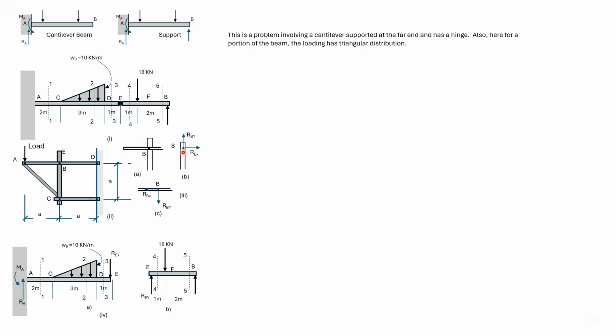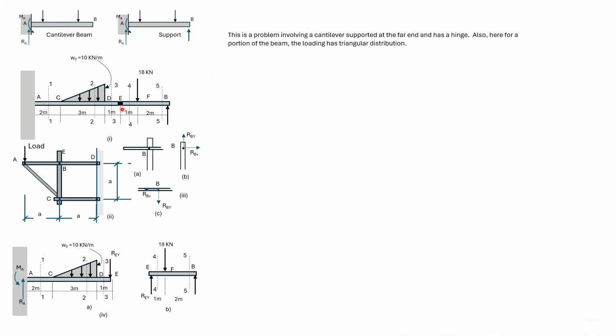Since we have taken RBY upwards here, we have taken RBY downwards here, and RBX is towards the right and RBX here is towards the left. Now this problem is similar, with the hinge between two members. Also, there are no horizontal forces acting in this case.